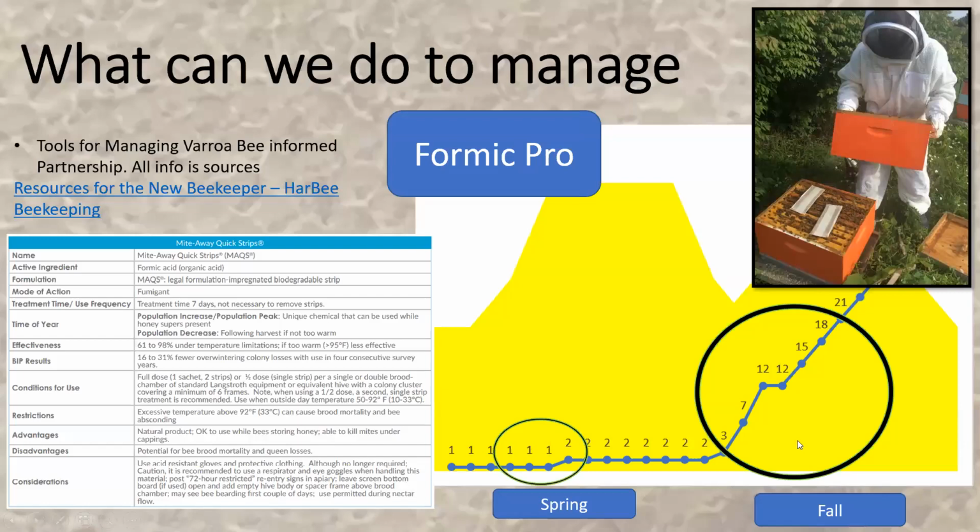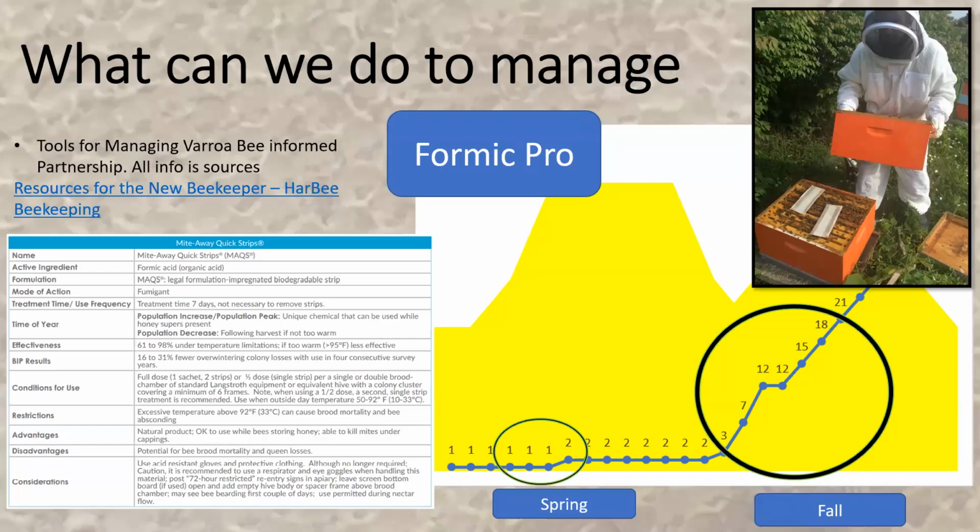I happen to actually use it in the summertime, so I already have my Formic Pro in stock. In the summer, when I have a 3-day forecast below 80 degrees, I'm able to go out and apply my Formic Pro. So temperature is a major restriction there.